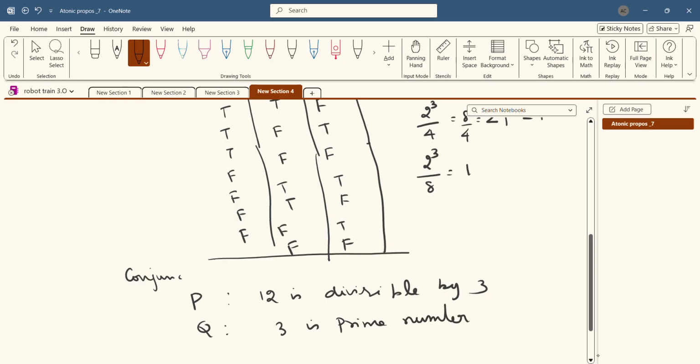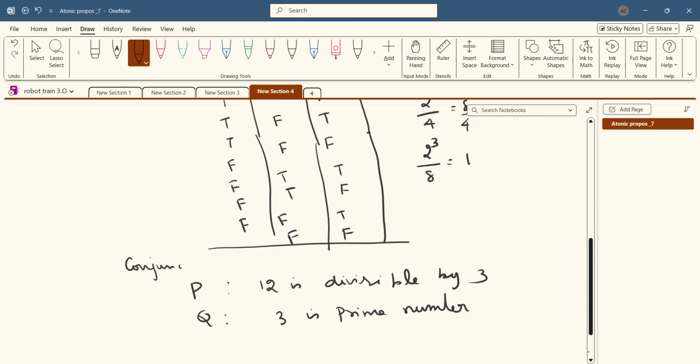How are we going to write the conjunction of the two statements? For that I am going to use the logical operators. P conjunction Q means we can use the symbol P and Q. So we can use the word and: 12 is divisible by 3 and 3 is a prime number.